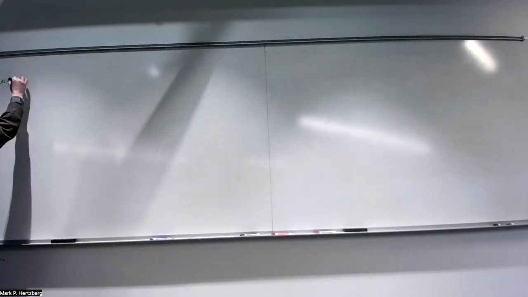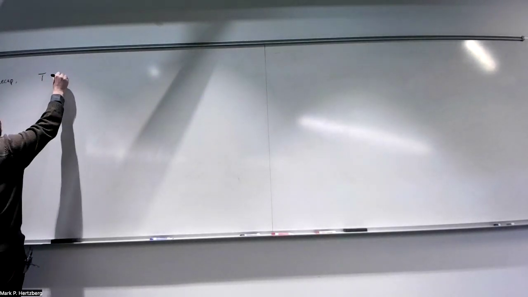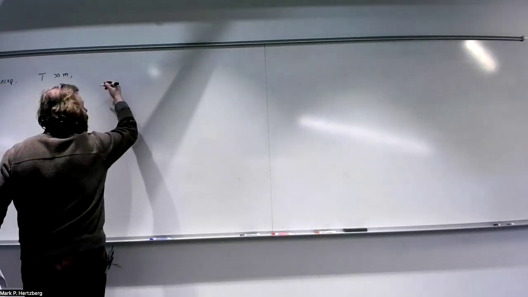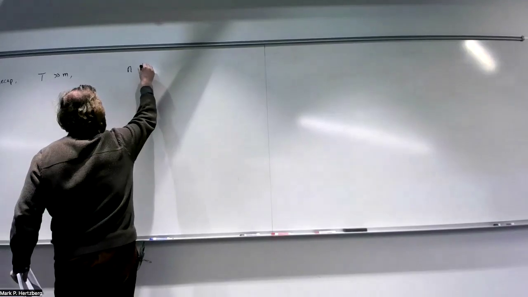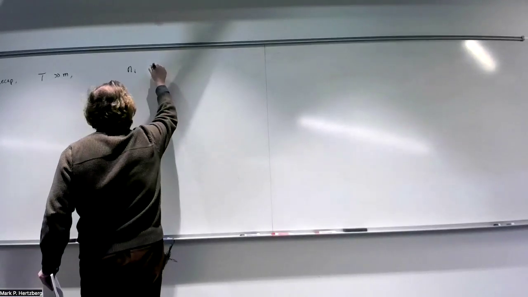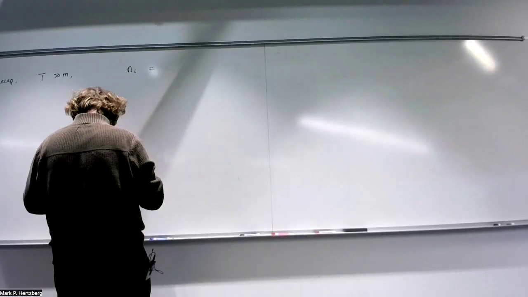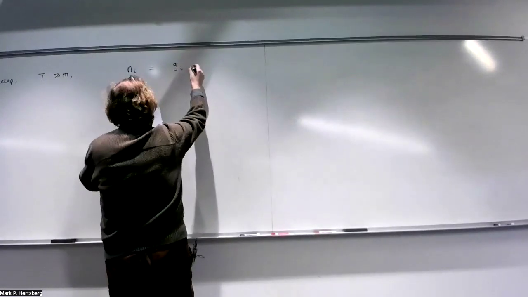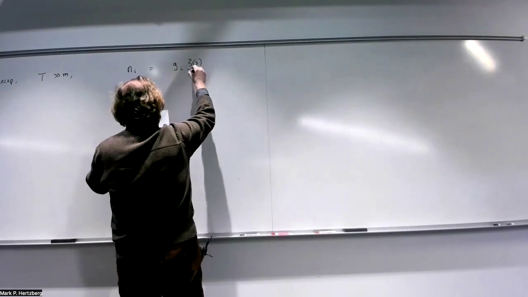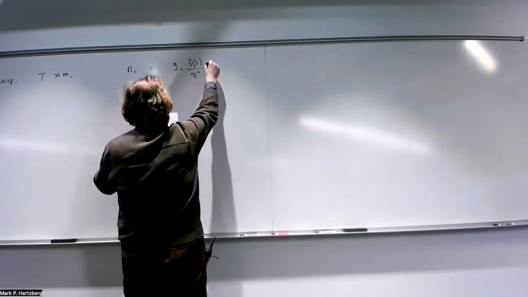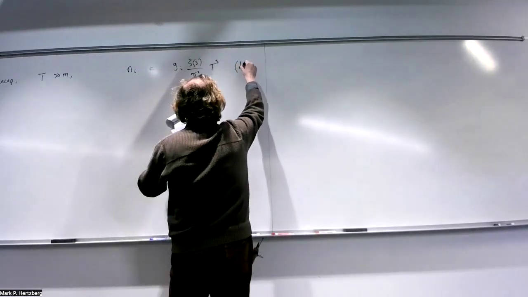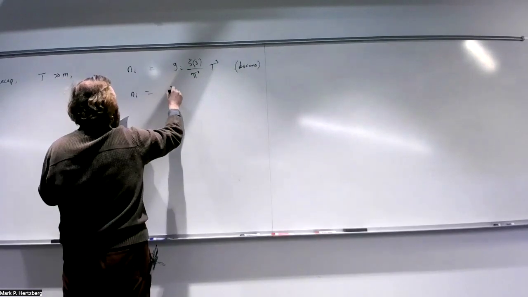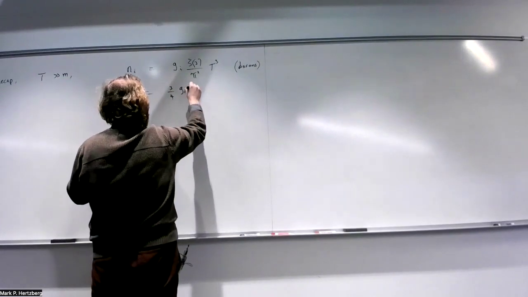All right, so just a recap from last time. If you're at a temperature much bigger than the mass of the particle, the number density of a species i is just the number of degrees of freedom, some zeta factor, over pi squared, T cubed for bosons, and then there's some 3/4 for fermions.